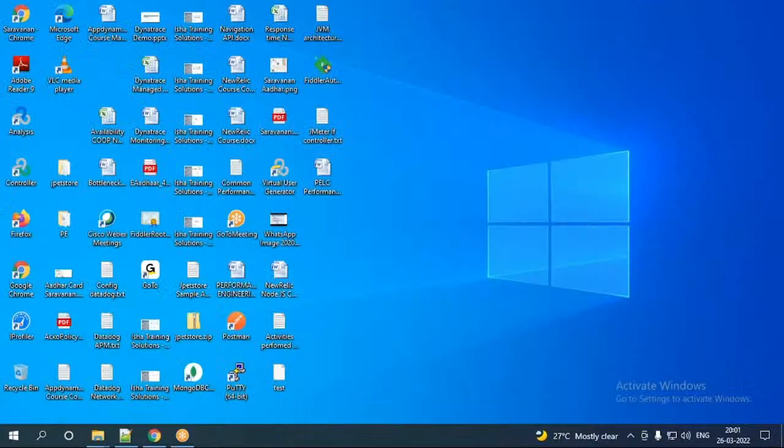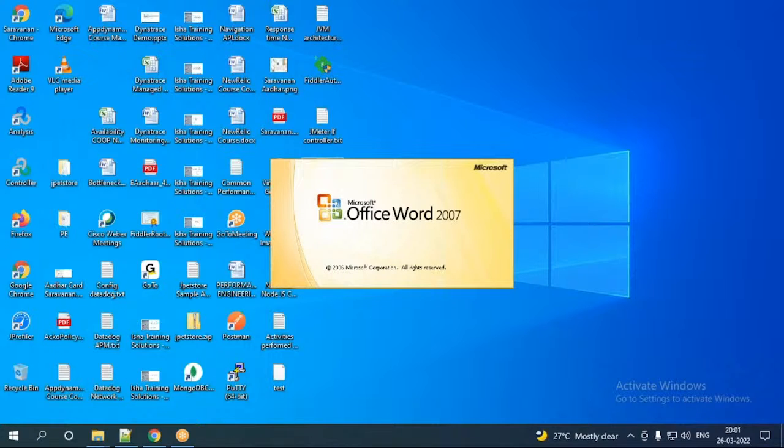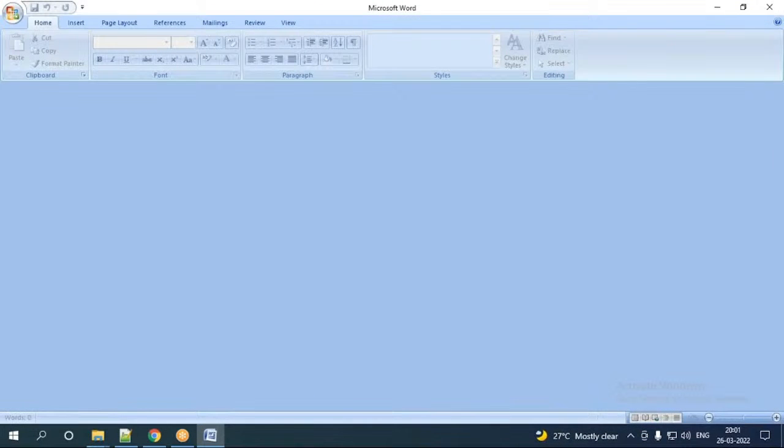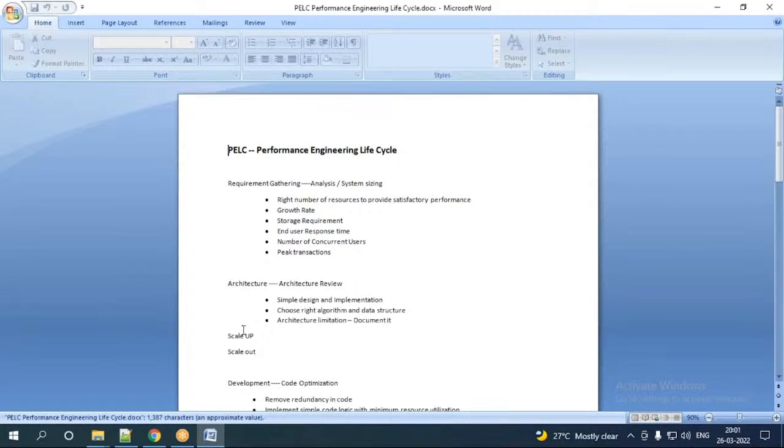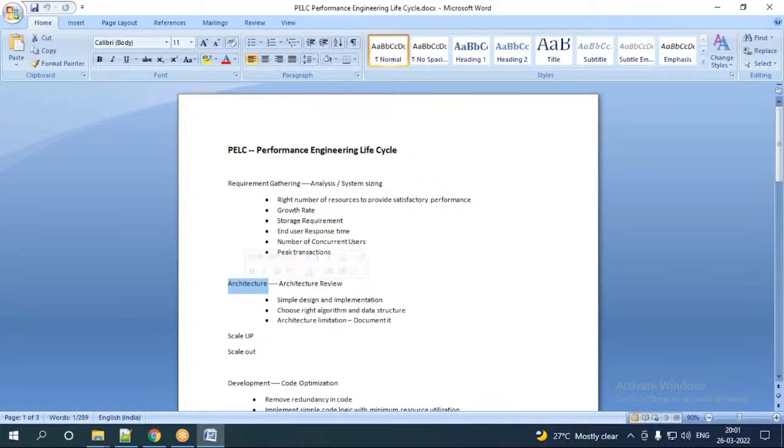In the last session, we were discussing the performance engineering life cycle. From there, I will start my explanation. In the previous session, we discussed that when developers are doing architectural understanding, performance engineers will do an architectural review.